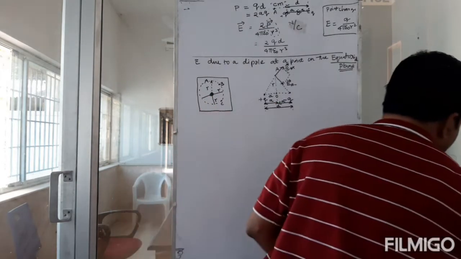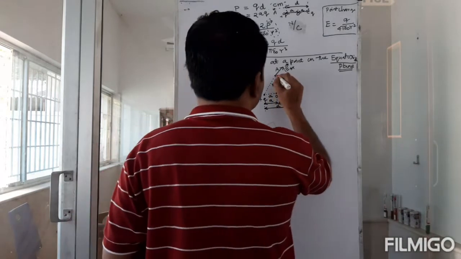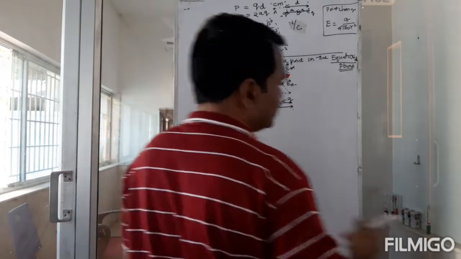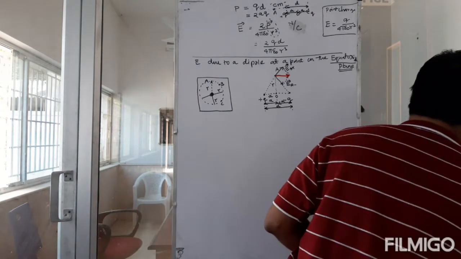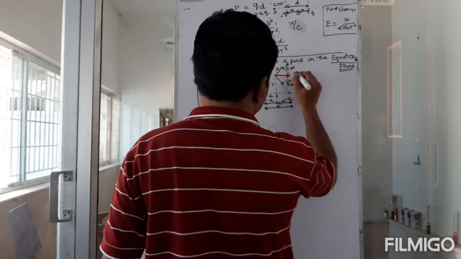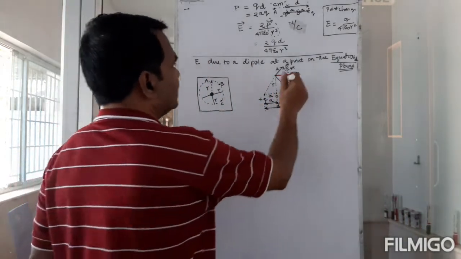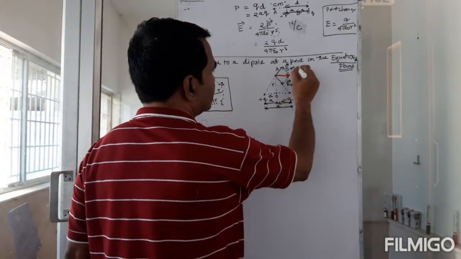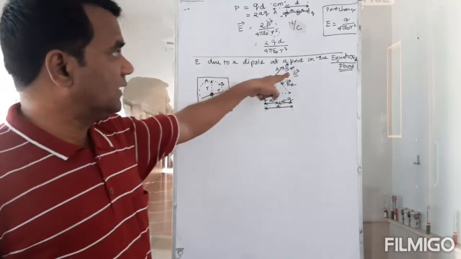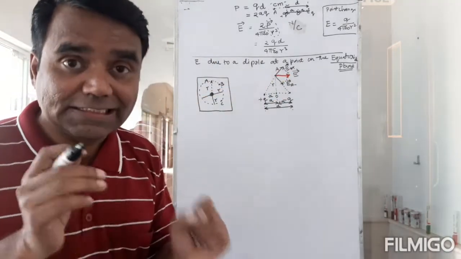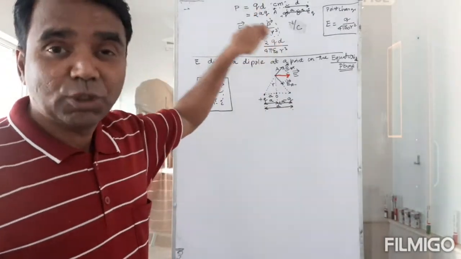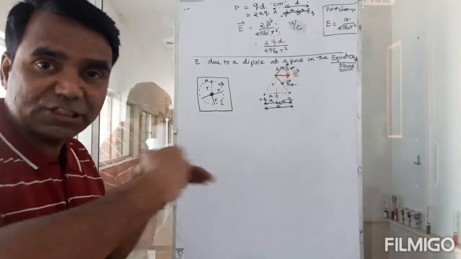Maybe I'll use a different color. Hope this works. So that's my E. One thing is for sure, this E is acting in a direction opposite to the direction of the dipole moment. P direction is what?